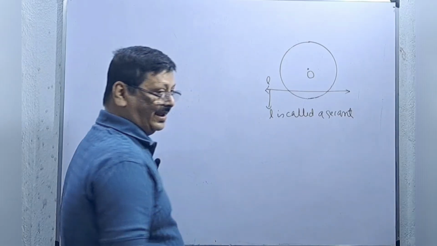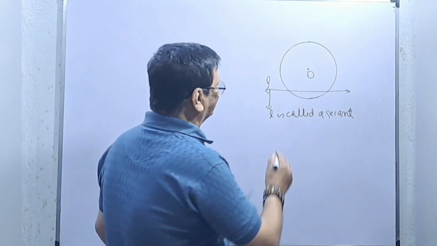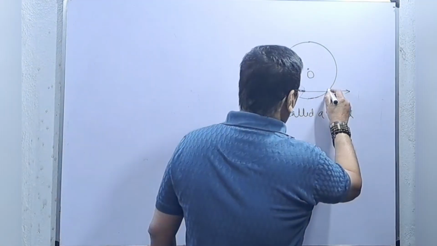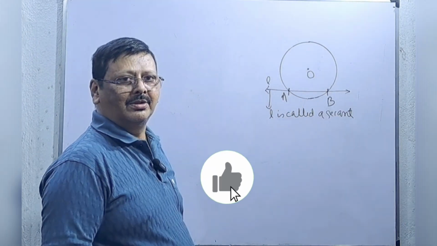So that's what L is. Now the moment I specify a particular segment like A and B, this becomes a chord, correct?